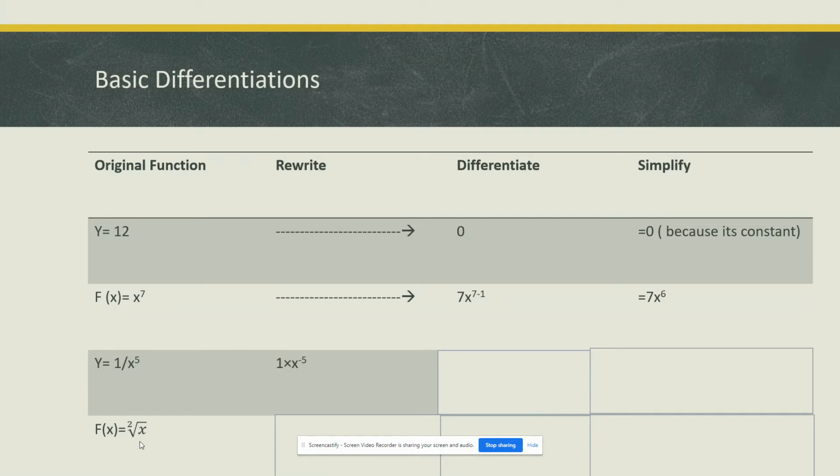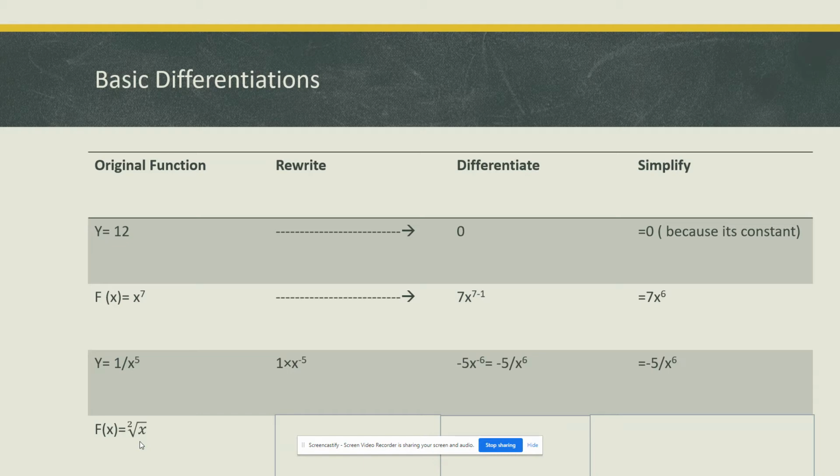So minus 5 multiplied by 1 is minus 5. Then we subtract 1 from the power, so it will be minus 5x to the power minus 6, because minus 5 minus 1 is minus 6. To simplify this function, we need the power to be positive, so we bring it back down, and the answer is minus 5 over x to the power 6.